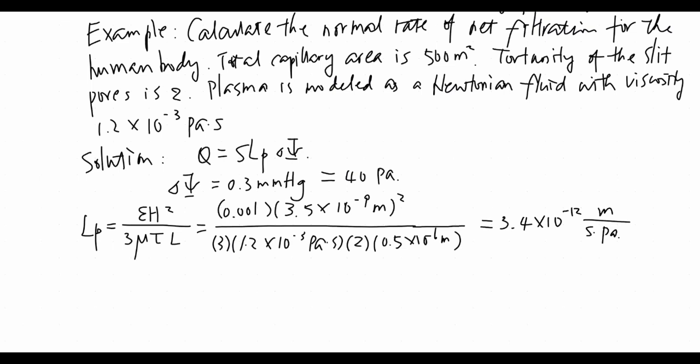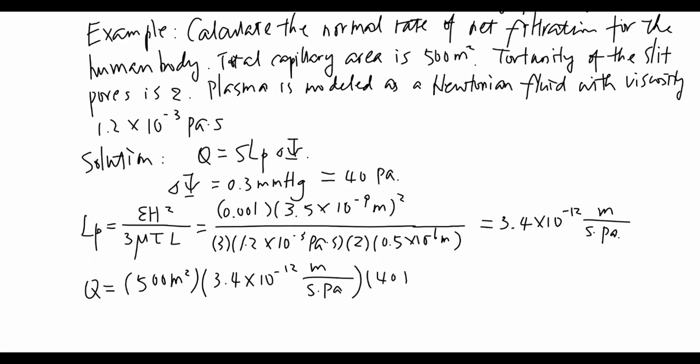Now we can calculate Q. Q is S, the area, 500 meters squared, times Lp, 3.4 times 10 to the minus 12 meter squared per Pascal, times the pressure difference, 40 Pascal.